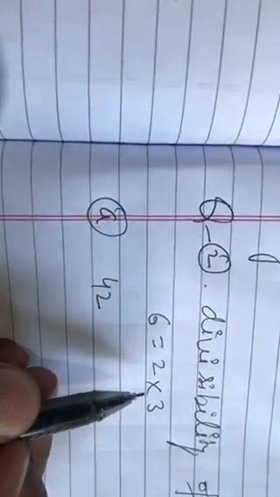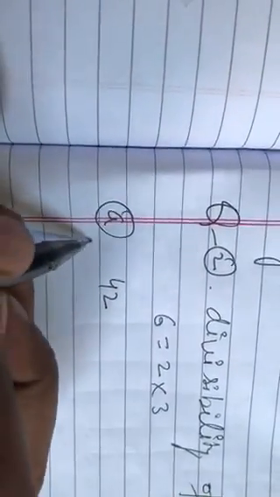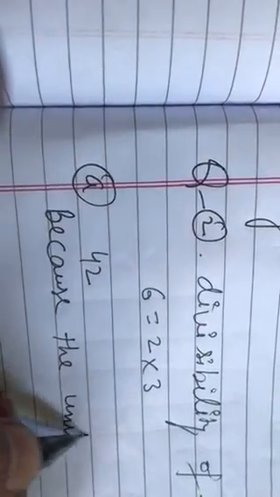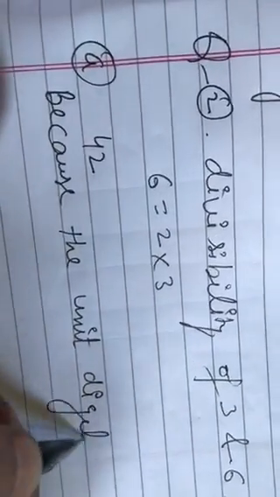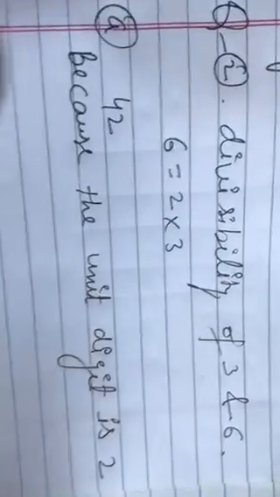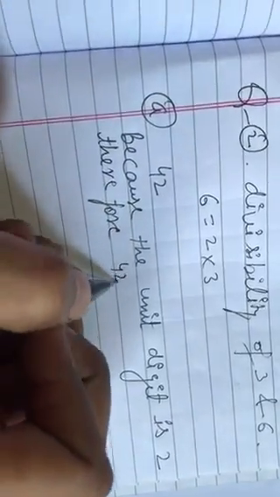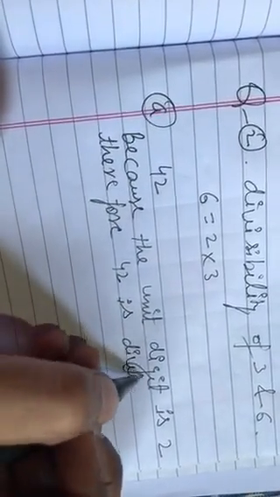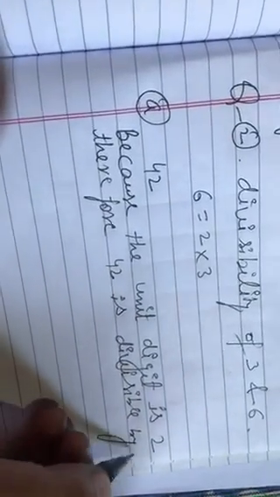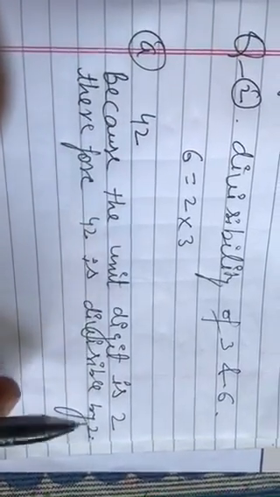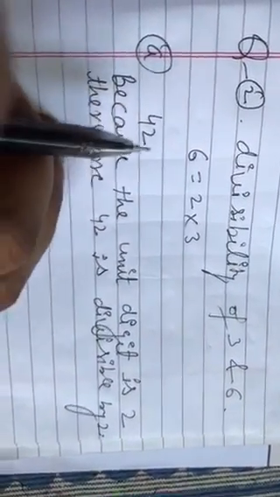First of all we check the divisibility of 2, because the unit digit is 2. Therefore 42 is divisible by 2. The unit digit is also 2 and you have to check the divisibility of 2 only. This means 42 is divisible by 2. Now we check whether 42 is also divisible by 3.